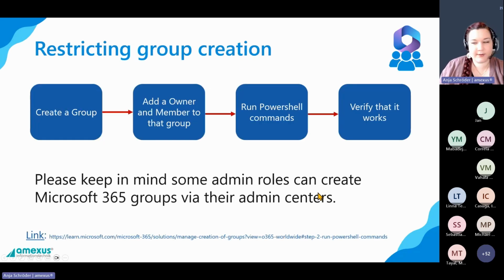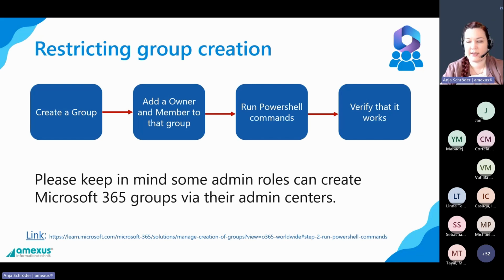So how do you do that? First, you create a group for people who should still have the ability to create groups, and all people who need this ability you put in that group. It can be a security group or a Microsoft 365 group.